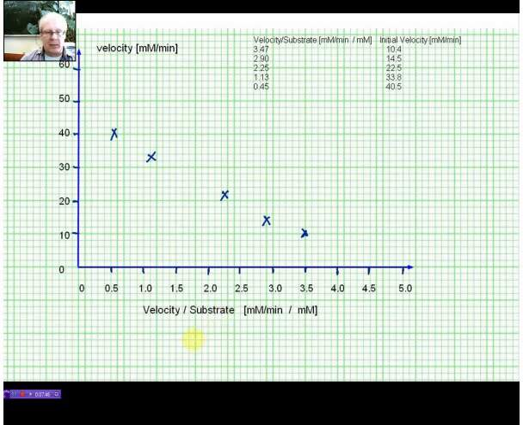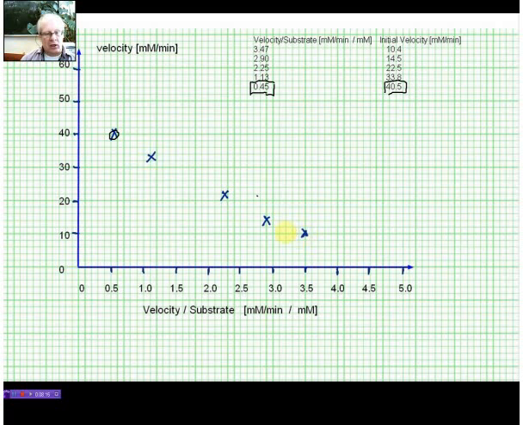So, for example, we have velocity over substrate, so 0.45, and the corresponding initial velocity would be this point here, that gives me this point here, and I plot all the data.